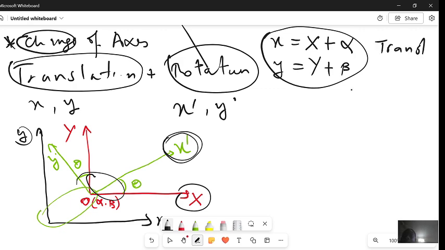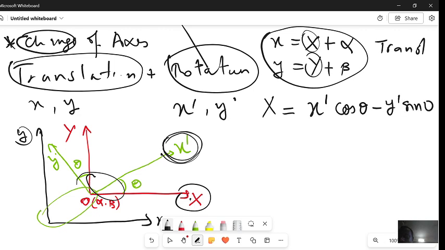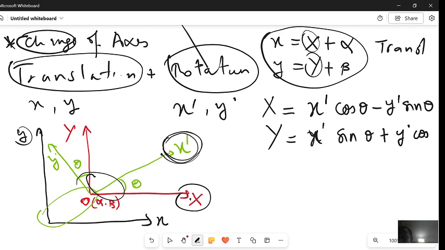Now for the rotation, I already know that capital X is going to be x prime cos theta minus y prime sin theta, and capital Y is going to be x prime sin theta plus y prime cos theta.